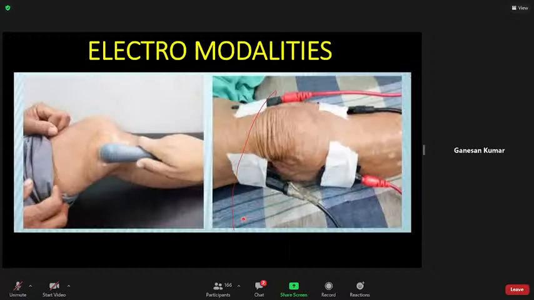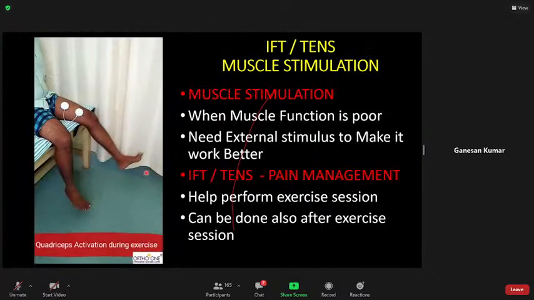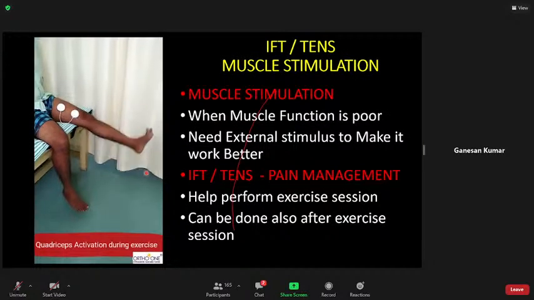Coming on to pain management, ultrasound can be used, even though there is not much evidence to show it. It can probably help a little bit with the inflammatory process, and IFT can give temporary relief from pain, so that you can help them do their exercises. Now, this is a combination of electrical stimulation or IFT that we use for my patient.